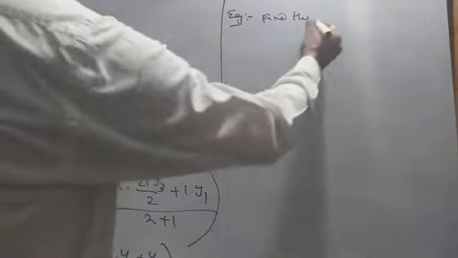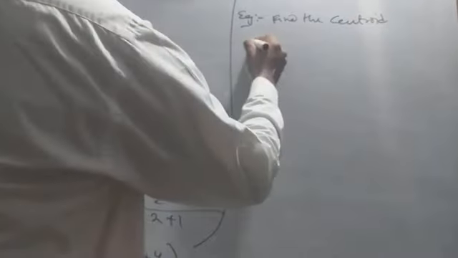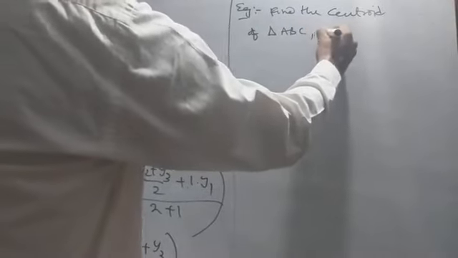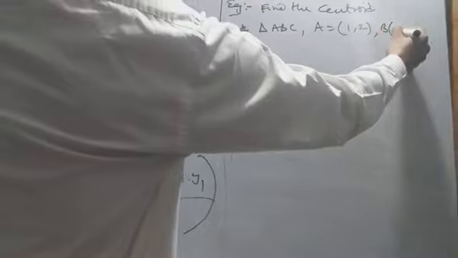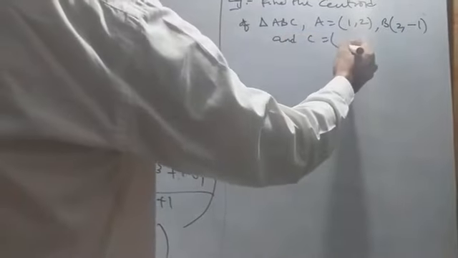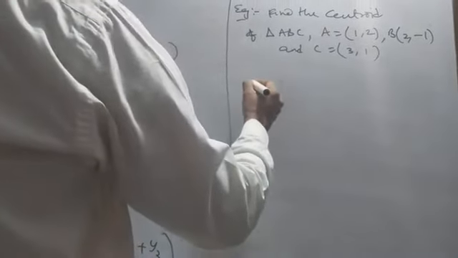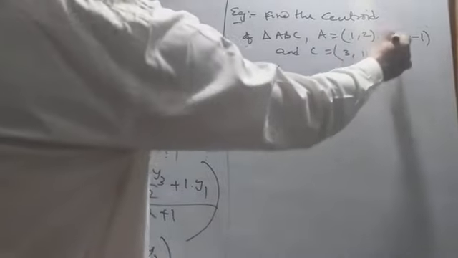Find the centroid of triangle ABC where A equals (1, 2), B equals (2, -1) and C equals (3, 1). So the centroid is, as per the formula, (x1 plus x2 plus x3) by 3.